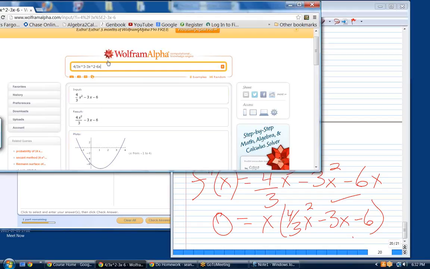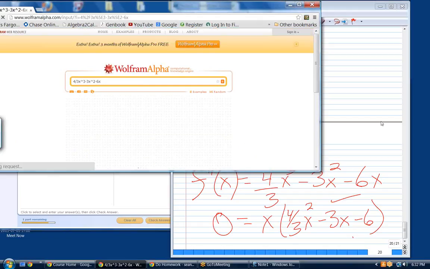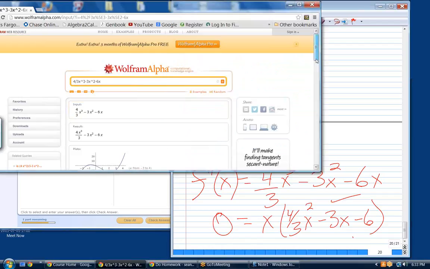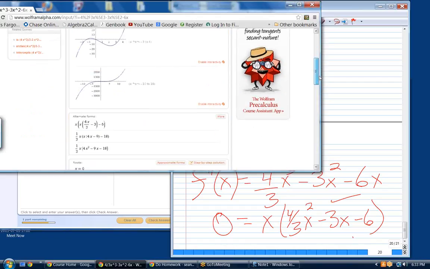In other words, this is the true second derivative before I factor the x out. Does that match? 4/3 x cubed minus 3x squared minus 6x. So we're looking on what intervals that thing is positive. Well, I can see a little interval there, and then from there up. Let's see if it gives us those 3 zeros.